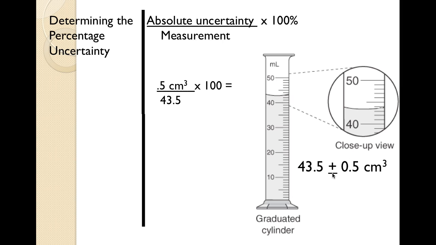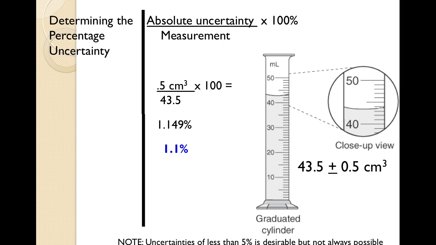You take 0.5 centimeters cubed, divide that by 43.5 centimeters cubed, the units cross out, and you multiply by 100 to get an answer of 1.149%. Because 43.5 has 3 significant figures, and we don't have to take into account the significant figures of the uncertainty, our answer is 1.1%.